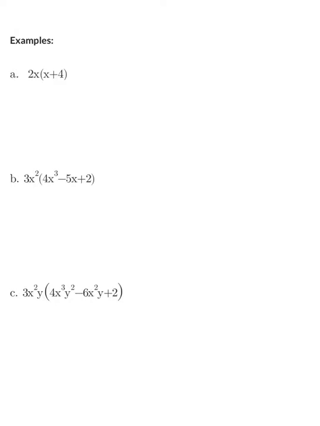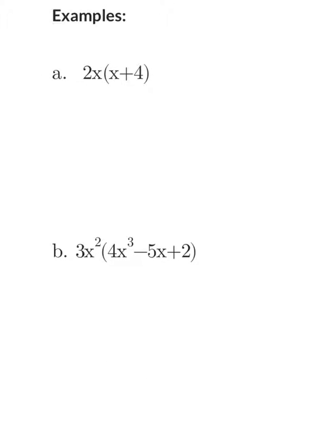So for example A, we have 2x times x plus 4. And so my first step is I want to go ahead and distribute the 2x to each term inside the parentheses. If we do this, we get 2x times x and 2x times 4.